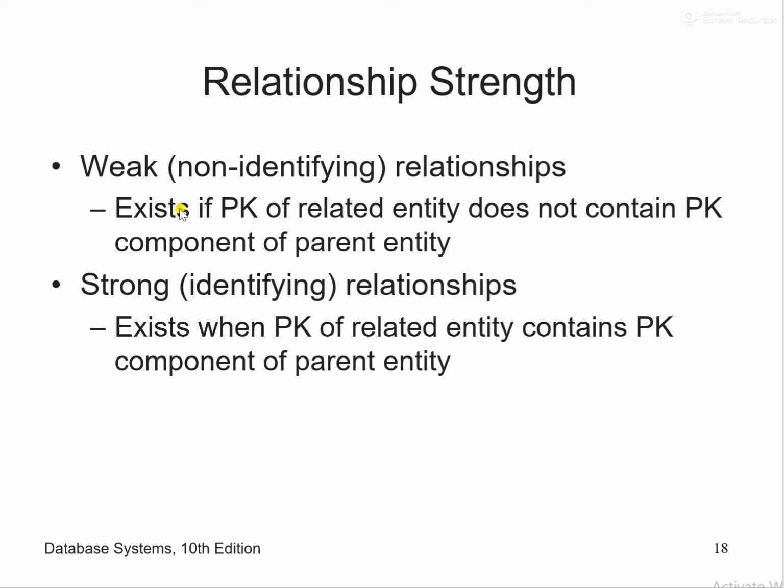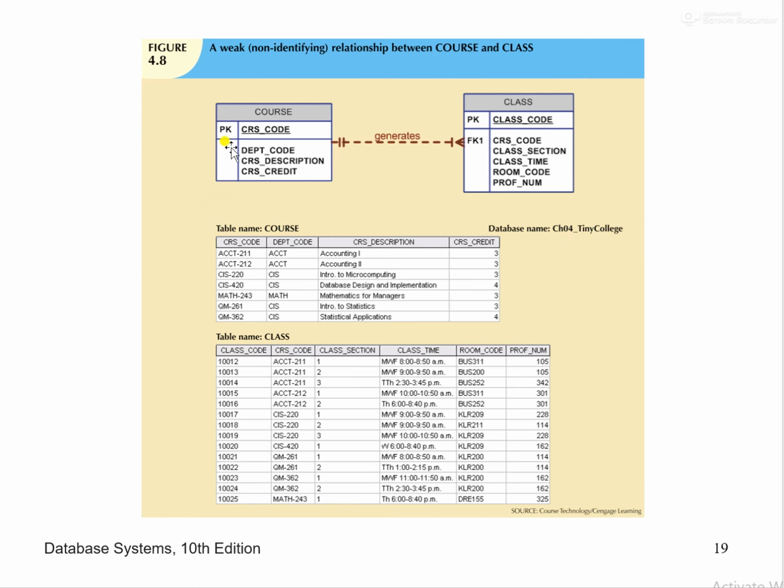So same here. Okay, we have a weak relationship if the primary key of the related entity does not contain the primary key component of the parent entity. Like here we have an example. We have course and class that have a one to many relationship with each other. Course primary key is course code and primary key of class is class code.